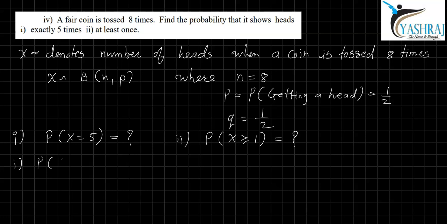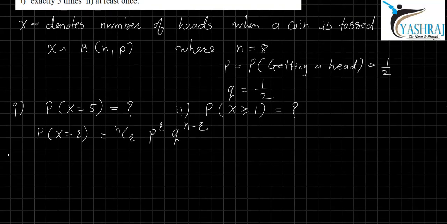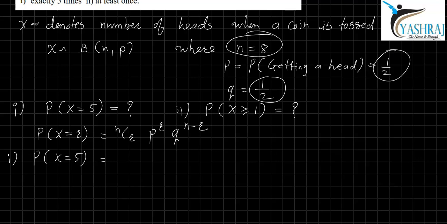So for finding P of x equals 5, first of all we have the formula P of x equals r is nCr p to the power r into q to the power n minus r. Now for finding P of x equals 5, we have n value is 8, p value is half, q value is half. So try to replace in our formula. We get 8C5 half to the power 5 into q value we have half again. So half to the power 8 minus 5 becomes 3.